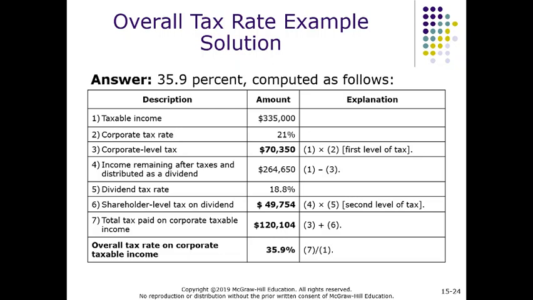Well, you take that number and divide it into the taxable income of $335,000, your line 1 figure, and what you come up with is an overall rate of 35.9% of taxable income. Yikes. That's a lot.